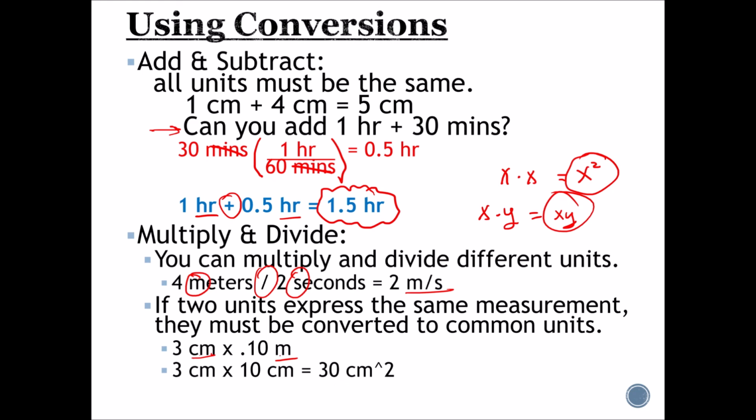So here we're going to convert from meters to centimeters. So 1 meter is equivalent to 100, or 10 to the second, centimeters. So we get 10 centimeters. Now you can do 3 times 10 gives you 30 centimeters squared. So remember that your units are going to multiply just like variables in math. X times x gives you x squared. Centimeters times centimeters gives you centimeters squared.